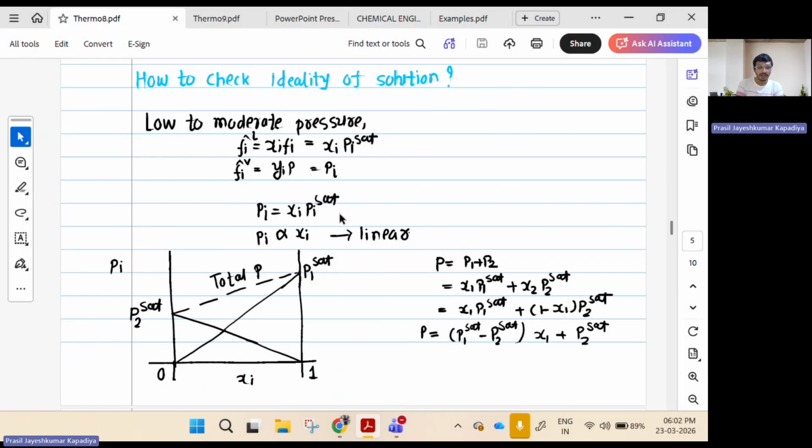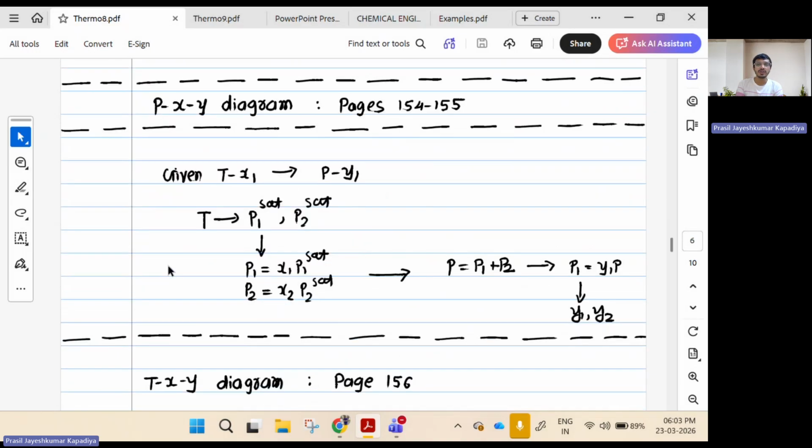When x1 tends to 0, it should be P2 sat. When x1 tends to 1, it should be P1 sat, and this is the total P. The total P expression is nothing but P1 sat minus P2 sat times x1 plus P2 sat. All of this should follow linearity. If they follow linearity, then our solution is an ideal solution.